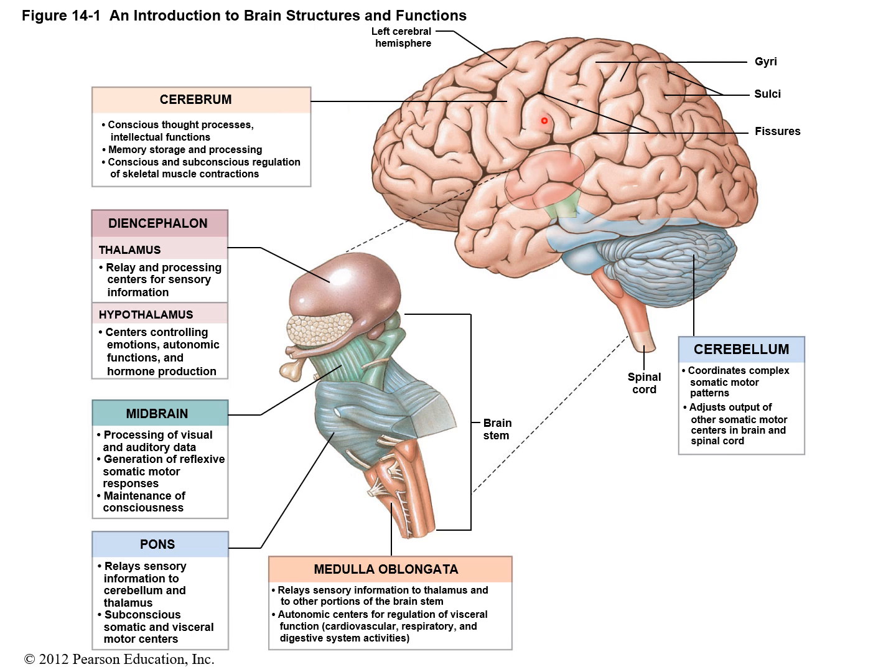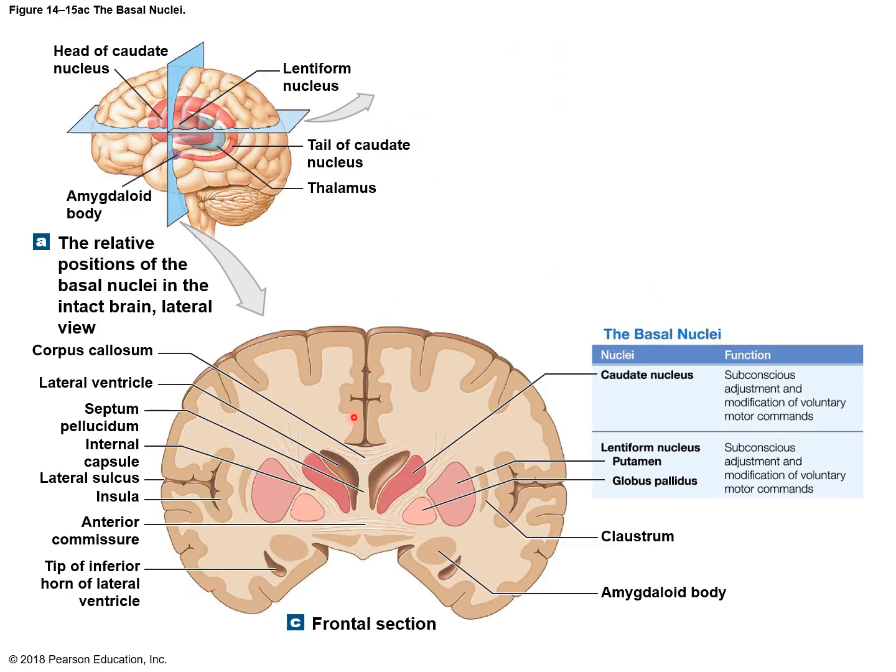Now, the brain is separated into two cerebral hemispheres. So here we are looking at the left cerebral hemisphere, the right being on the other side, of course. And if we turn the brain here, we can see our two separate hemispheres. There's a nice longitudinal fissure right down the center there.